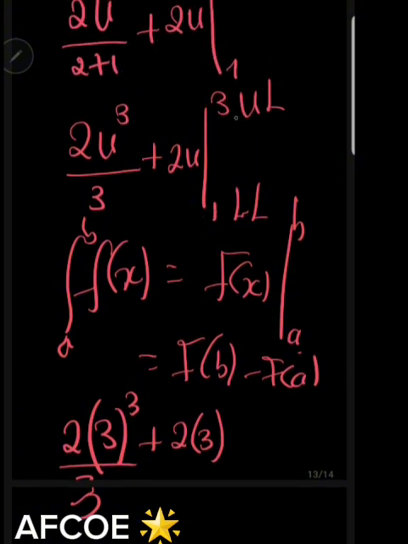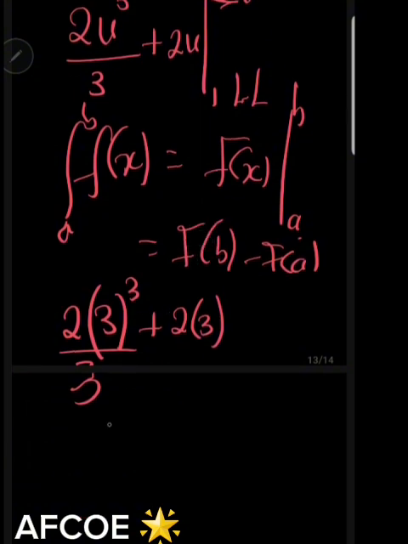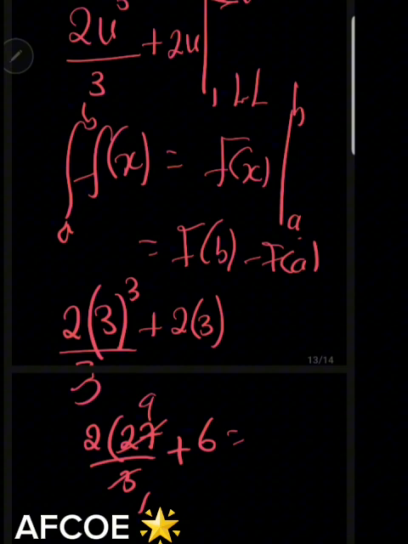That is, I'm substituting the u value to be 3 for the upper limit. Let me first simplify this. So we get 2 into 27 over 3 plus 6. 3 into 27 is 9, 2 times 9 is 18, 18 plus 6 is 24. So we get 24 for the upper limit.